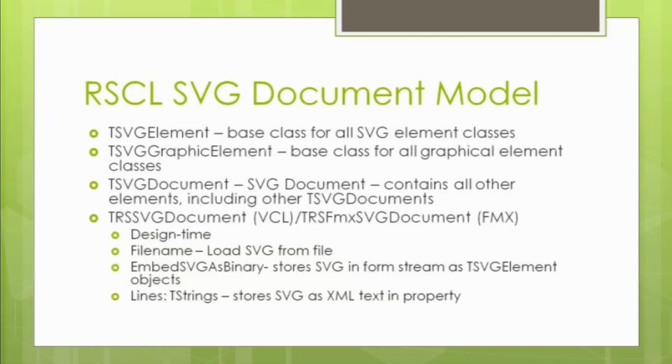You can also use the embed SVG as binary and turn that to true after loading an SVG, and that will embed the SVG into the form file as these SVG element classes. Finally, there is a lines property, which is a TStrings property, where you could specify the SVG as the XML string.